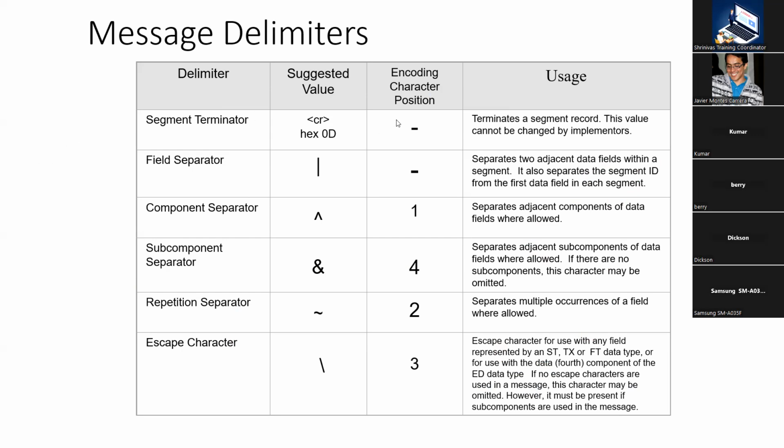In the same way, we have some grammatical syntaxes for HL7 messages. So here, the first one is the segment terminator. That will indicate the end of the segment. Okay, this is like a full stop in the English language. Then you have the field separator. This is like a space, which separates 2 words. In the same way, a field separator will separate 2 fields.